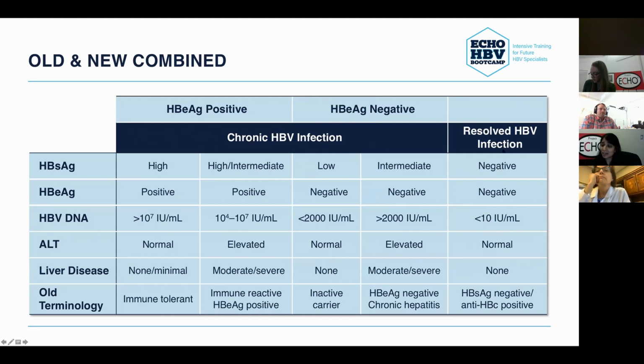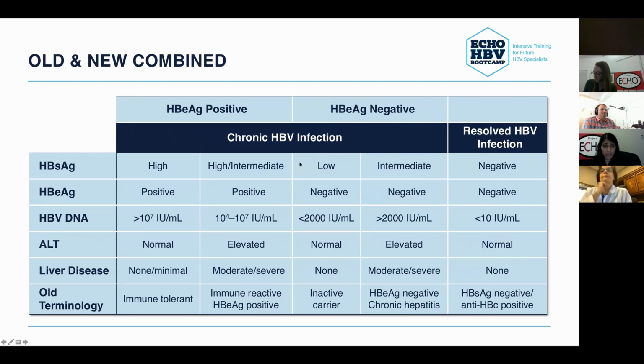If that surface antigen at any point, and this can happen, and we'll talk a little bit about it next week, some people have spontaneous loss of their surface antigen over time. This happens pretty rarely, probably in less than 1 to 3% of people, and sometimes treatment can increase your chances of this. And so if you go from being surface antigen positive to negative at any point, you're considered resolved of your Hep B infection.